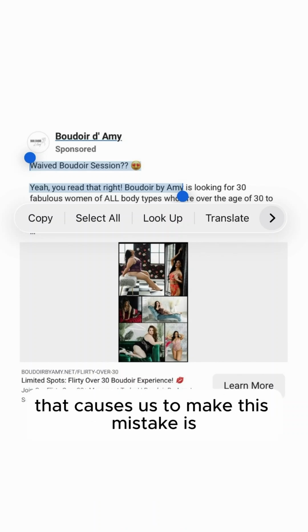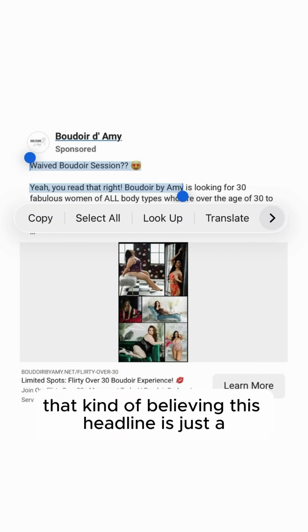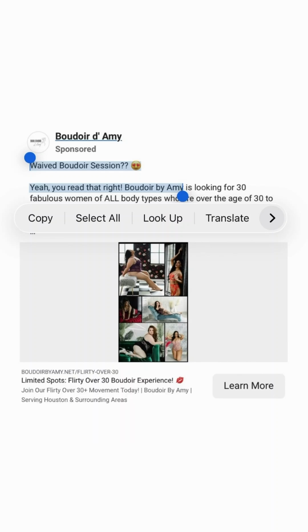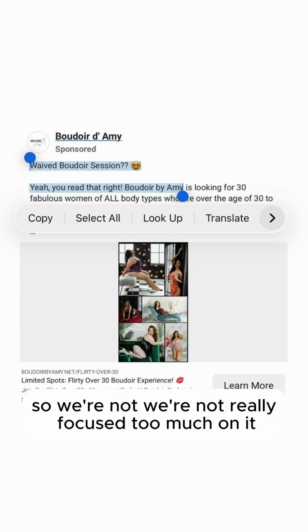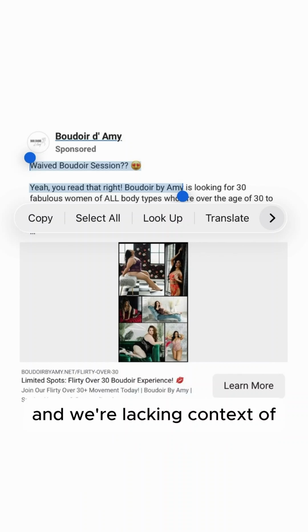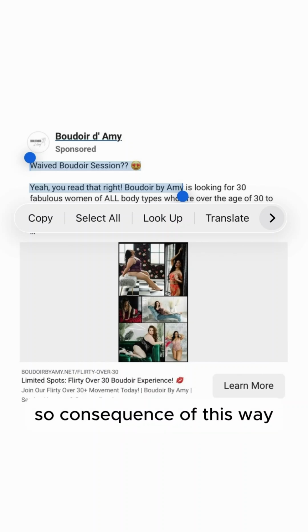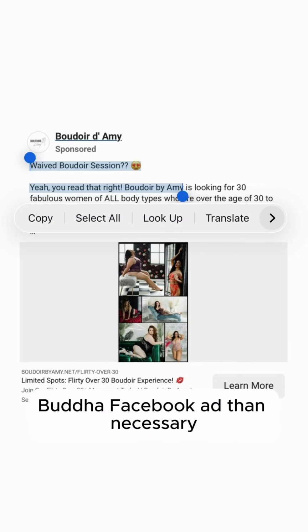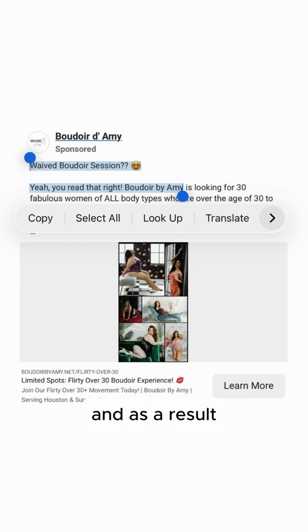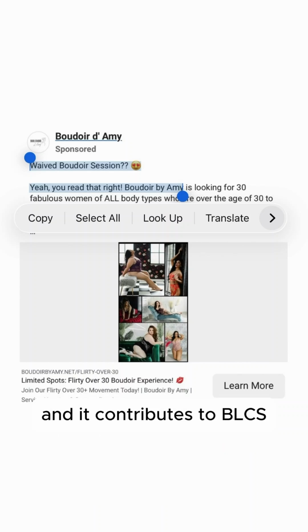And the false belief that causes us to make this mistake is that we believe this headline is nothing special, when actually it's 80% of our ad spend. So we're not really focused too much on it, and we're lacking context of who we actually need to bring in. So the consequence of this is way more women scrolling by our Boudoir Facebook ad than necessary, and as a result, it pulls our unique CTR down under 6% and contributes to BLCS, Boudoir low click syndrome.